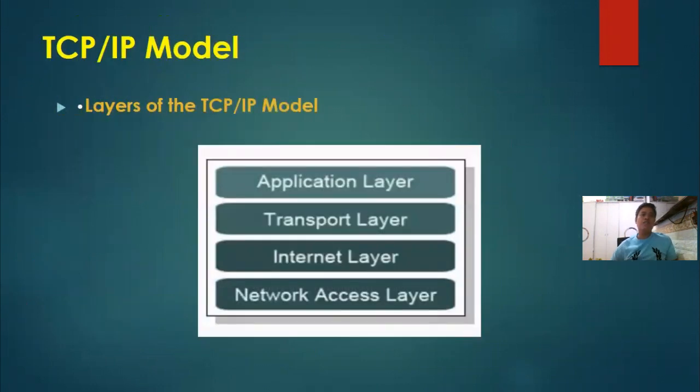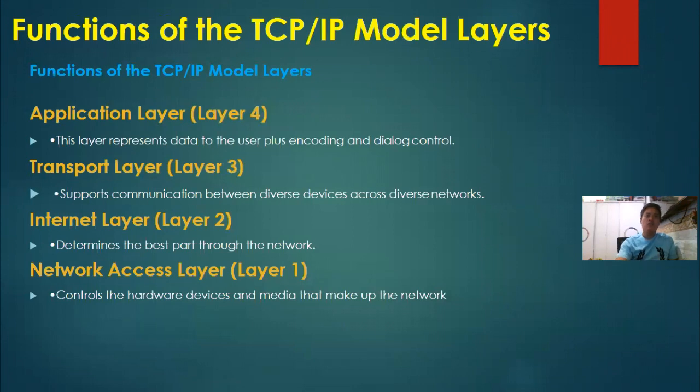So we have the TCP/IP model. We have 4 layers: the network access layer, internet layer, transport layer, and application layer. So we have the functions of the TCP/IP model layers. One is the application layer.